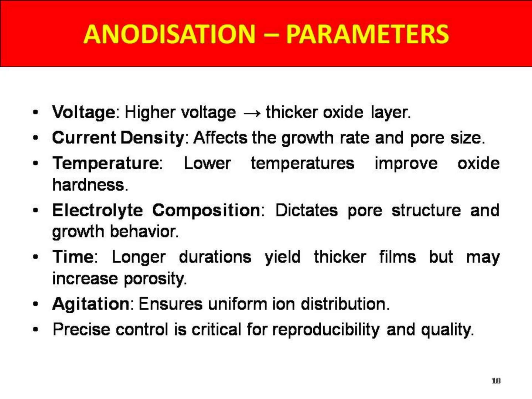Electrolyte composition dictates pore structure and growth behavior. And time is also important. Longer durations yield thicker films but may increase porosity. You also need to stir the solution to ensure uniform ion distribution. Precise control is critical for reproducibility and quality.